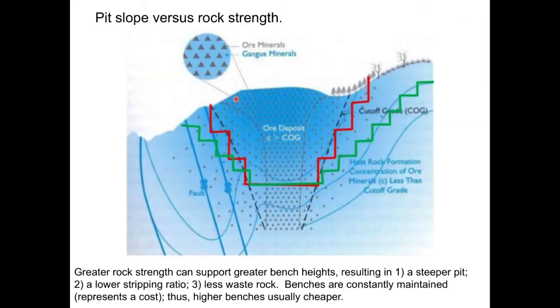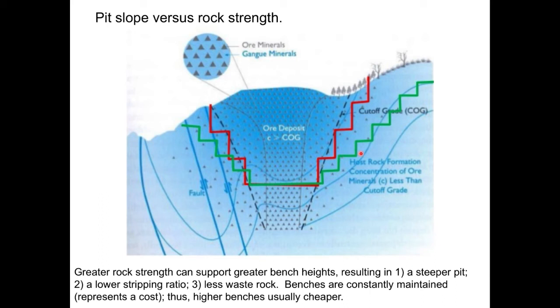So here are a couple of slides just to emphasize. First, rock strength. So the stronger the rock is, imagine you're digging a pit that's outlined in red versus a pit that's outlined in green. If you have rock that is strong and you can have a pit outlined in red, that means that you're extracting less overburden than if you have a rock that is weaker and you have to have the open pit outlined in green.